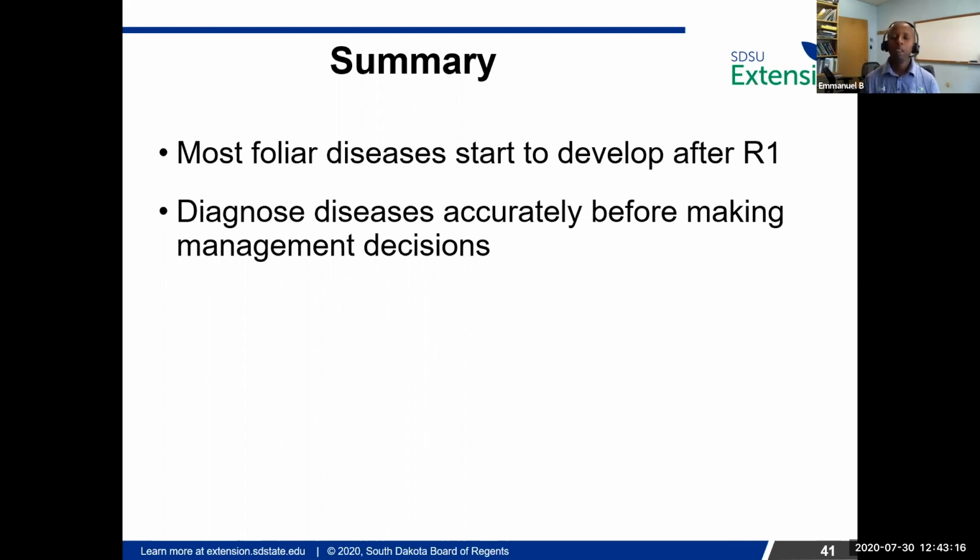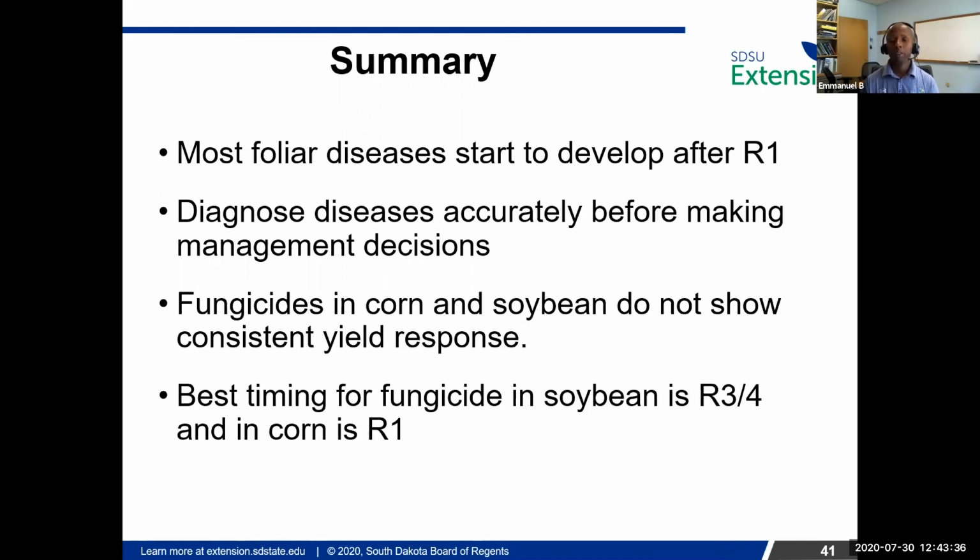So R1 is that stage where you might see a lot of disease develop, even in corn. That's when you may see northern corn leaf blight, gray leaf spot, common rust. Common rust is pretty much around the crop the entire cropping season. But for the most part, the rest of the diseases usually develop after R1.